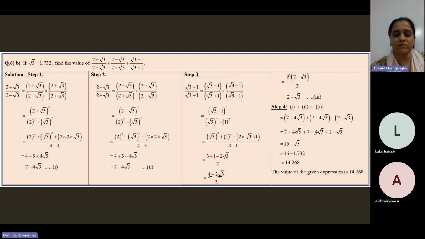Whenever there's something common, you'll have to take out the common factor. So in the bracket, you will have 2 minus root 3. When you take out 2 common, 2 into 2 minus root 3 by 2. So 2 and 2 get cancelled. So 2 minus root 3.